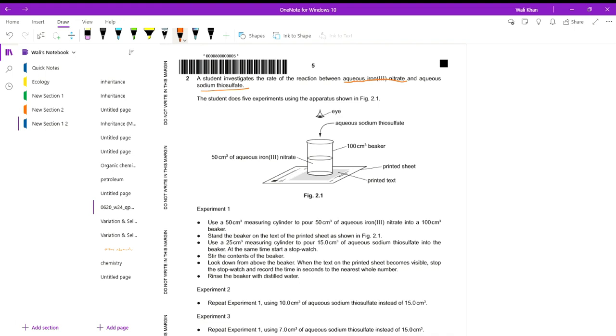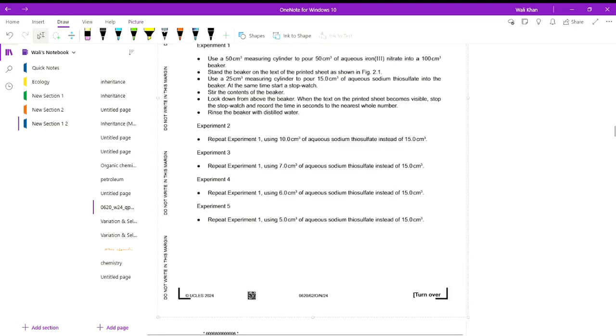Experiment 2. Repeat experiment 1 using 10.0 centimeter cube of aqueous sodium thiosulfate instead of 15. So at that time we use 10.0 centimeter cube of sodium thiosulfate. Okay. Experiment 3. Repeat experiment 1 using 7.0 centimeter cube instead of 15.0.